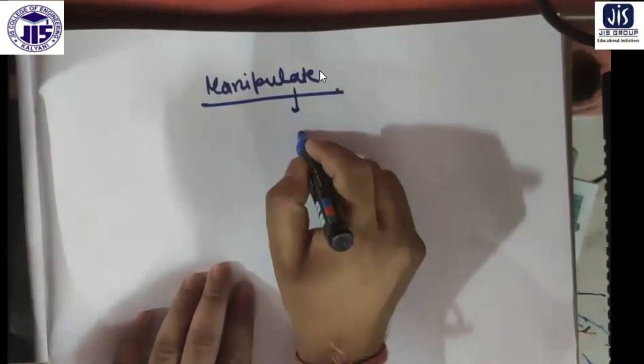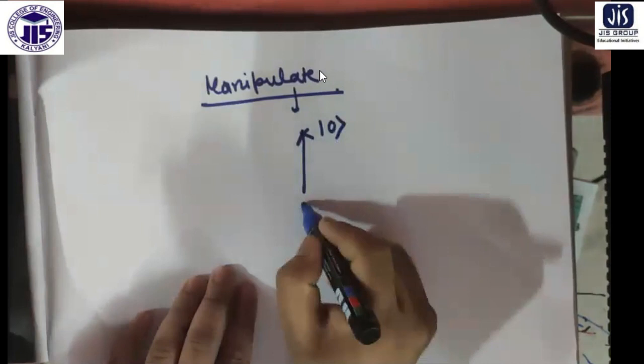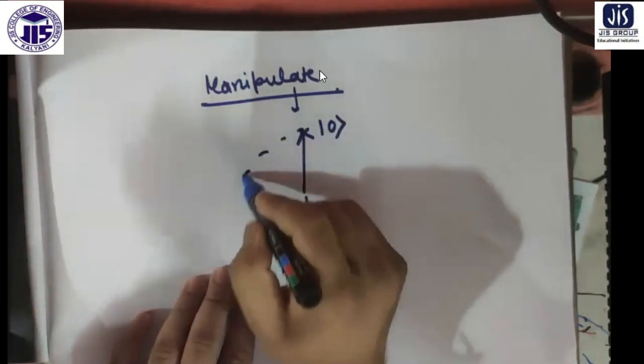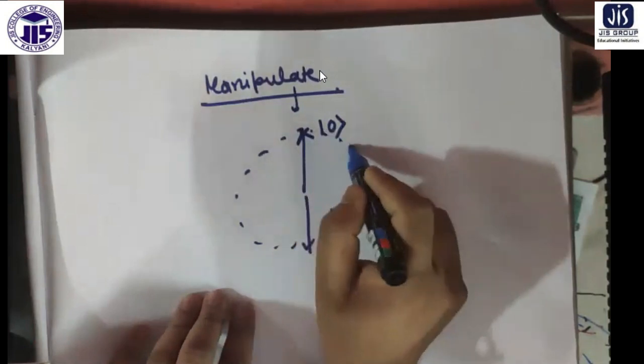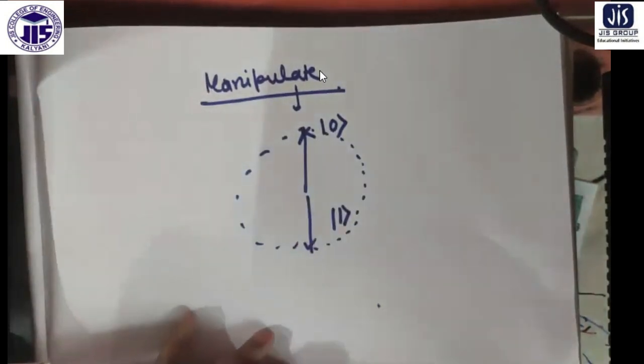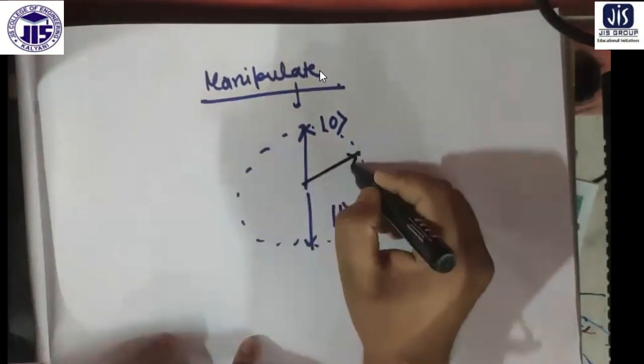That means, suppose this is my spin up state and this is my spin down state. Now my job is to produce this intermediate state.